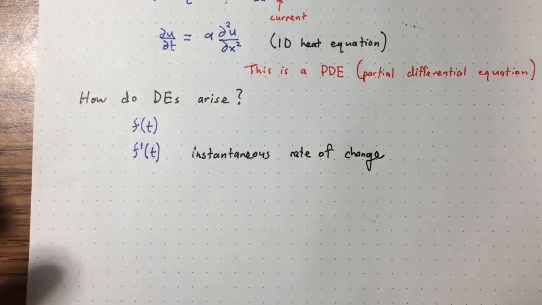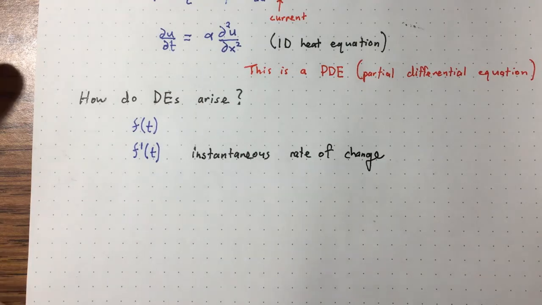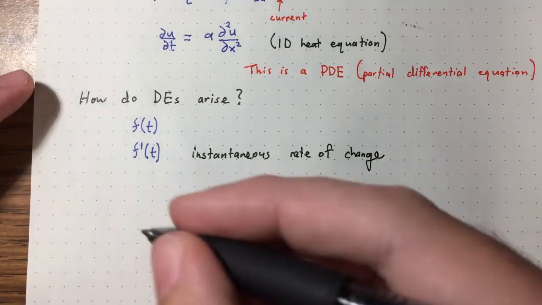So basically any time we have a natural or physical process that's going to involve instantaneous rates of change, or some kind of change in time, there's probably a differential equation that we can write down. And so that's a common theme that we're going to see in this course. So let's look at a few examples of this.